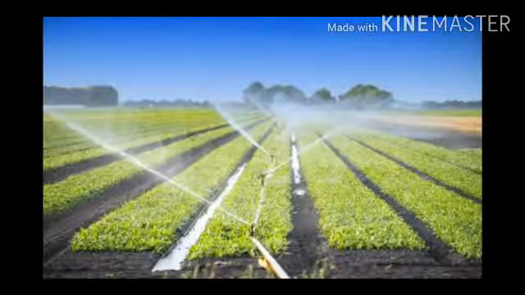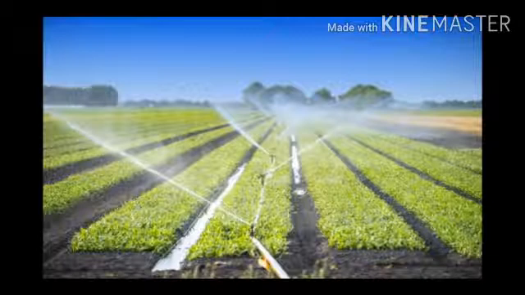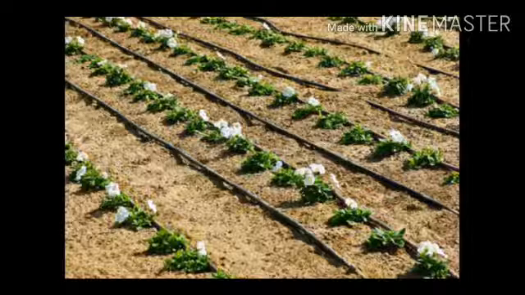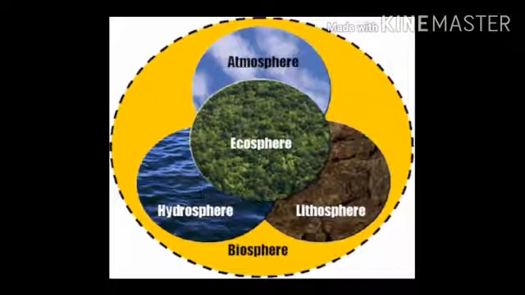Sprinklers effectively irrigate the area by checking water losses through seepage and evaporation. Drip or trickle irrigation is very useful in dry regions. Now, natural vegetation and wildlife.